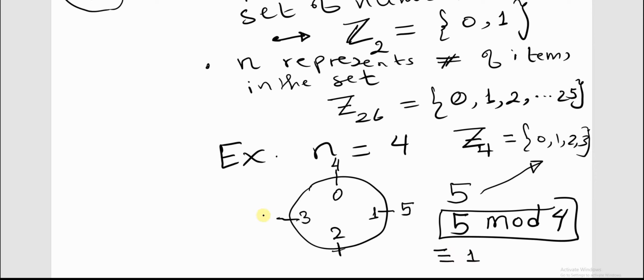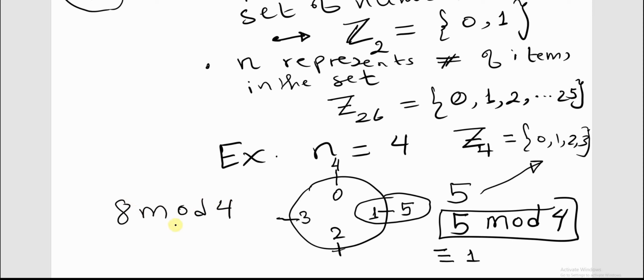So in this case we say that 5 and 1 are equivalent, or congruent with each other, with respect to mod 4. Mod 4 means that we only have 4 digits or 4 numbers. Now let's take another example, 8 mod 4.